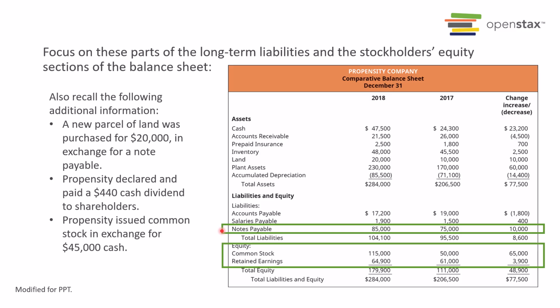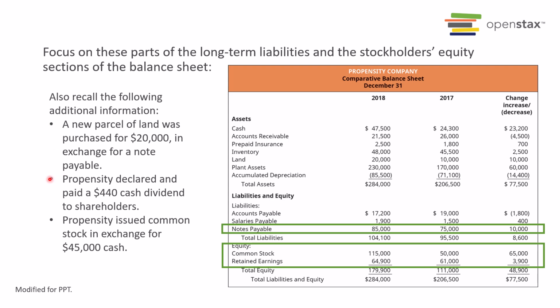That's where headings and documentation really help you out. But we've identified our long-term notes payable and all of our equity accounts from the balance sheet. We also have our information related to the land purchase. So there's that non-cash transaction.